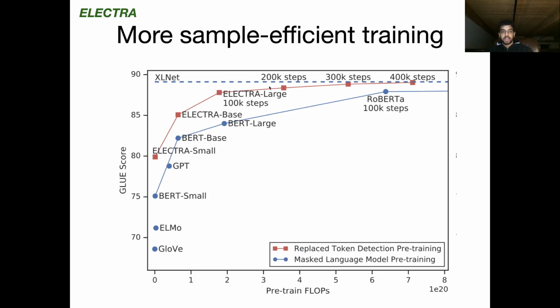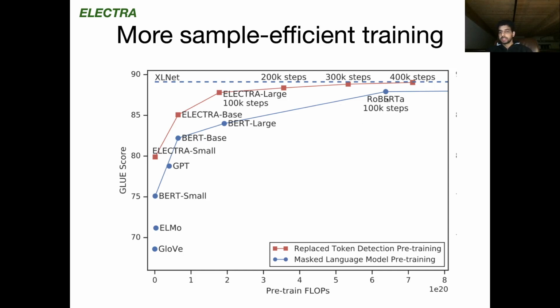The red line here is the Electra training curve, and you can see that Electra small is getting about 80 or over 80 GLUE score, the same size as the BERT model, but with many fewer FLOPs, a bigger gain here. Similarly, Electra base is also showing a consistent advantage. And then you can look at the difference here between Electra large and RoBERTa.